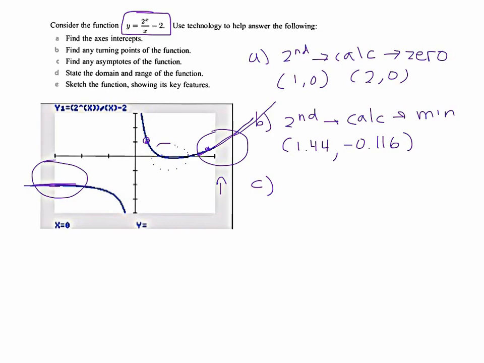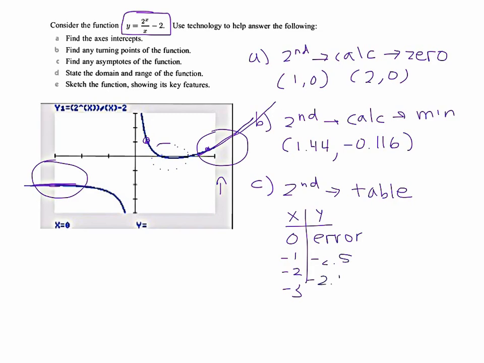In that case, the tables come in super handy. Second table, which is one right of the trace, and then if you look at the values of x and y, at x equals 0 it says error, and we'll talk about that soon. And at -1, -2, -3, and so forth, the y value is -2.5, -2.125, -2.042, and so forth.